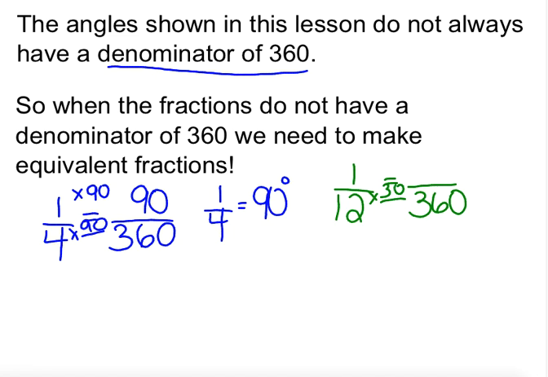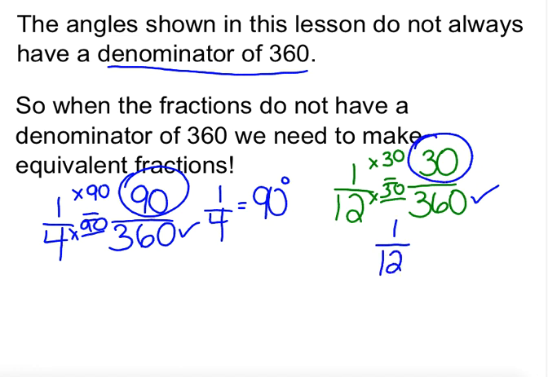Add a 0. So again, I'm going to multiply the numerator by 30. And I get 30 over 360. And again, just like before, if the denominator is 360, then the numerator is the answer. So 1/12 of a circle is equal to 30 degrees.